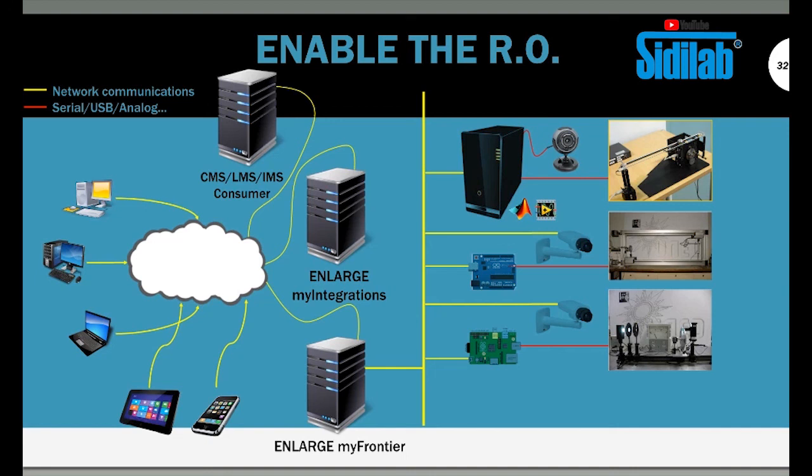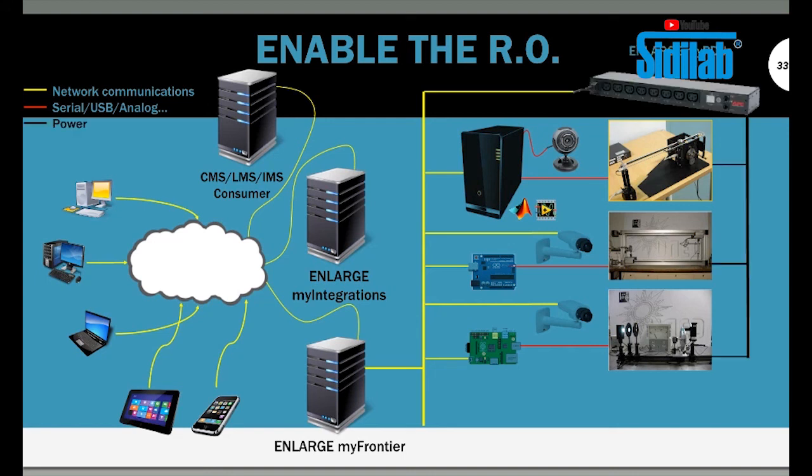But there is still something missing. Remember I mentioned something about automatically powering on and off the equipment upon users' connections and disconnections? How do we do that? Well, for that, the Enlarged system is capable of automatically operating what we call the MyPDU units.